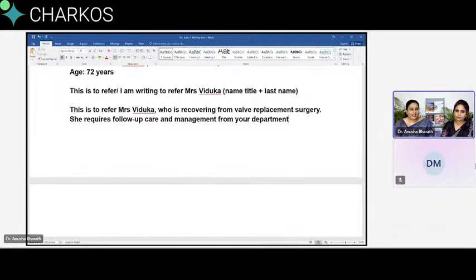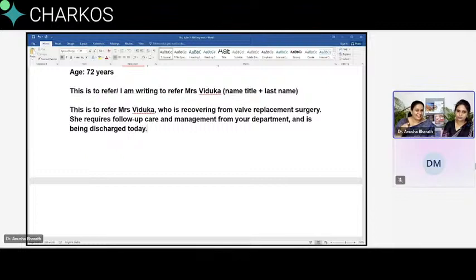So we can mention that. We have two options again here. Either you can put a comma and write being discharged, or you can end the sentence here and write, she is being discharged today. All right. So shall I place a comma and continue? Yes. Okay. Department, and is being discharged today. Why today?